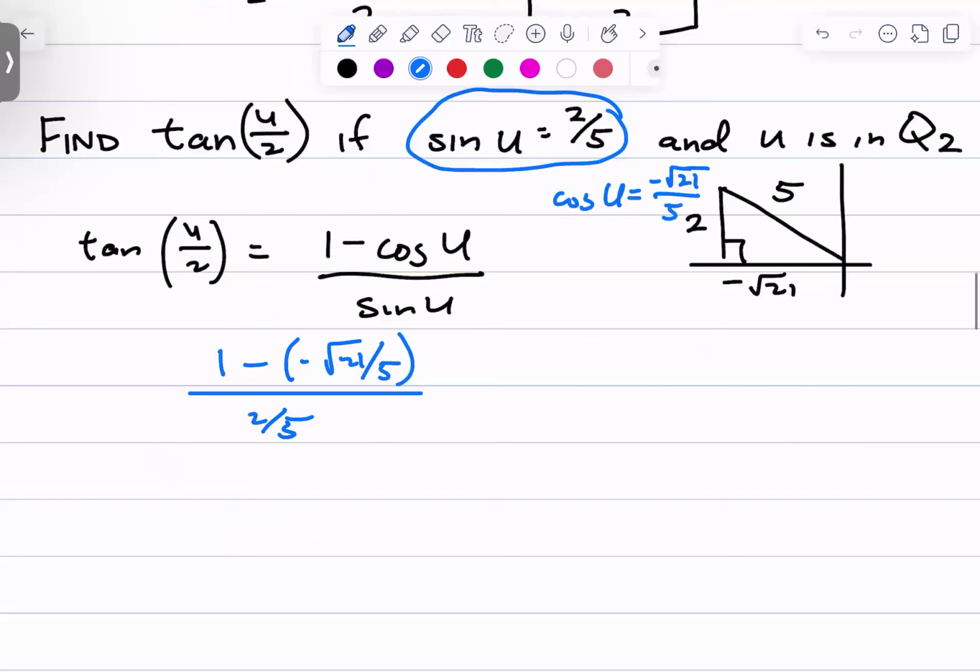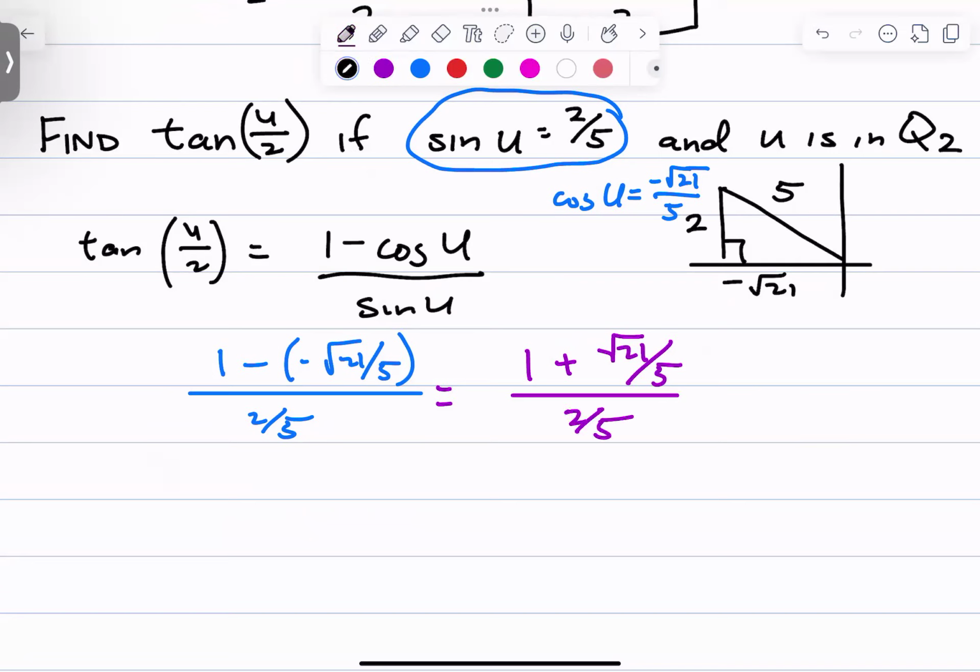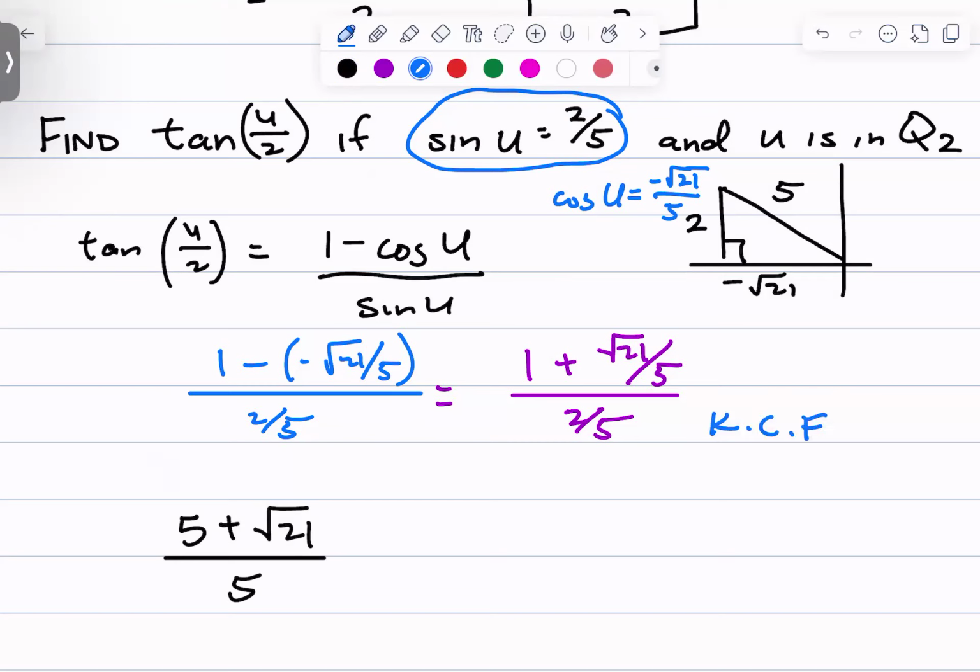Okay? My numerator becomes 1 plus square root of 21 over 5, over 2 over 5. Common denominator, my numerator. This will be 5 plus square root of 21 over 5. Keep, change, flip my denominator, and this becomes 5 halves.